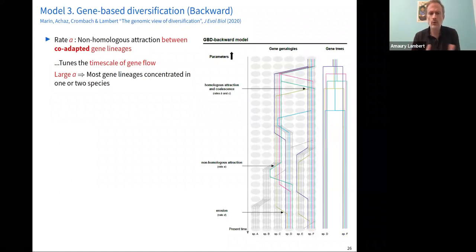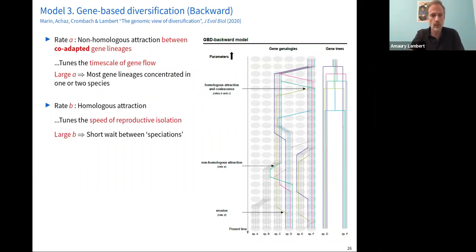It's called non-homologous attraction. We assume that each gene lineage is attracted by all the other lineages in the system that are co-adapted with it, at rate A. And this tunes the time scale of gene flow, because when A is large, all the gene lineages that are co-adapted will be attracted together, and all the genes will be sorted into just a few species containing many genes.